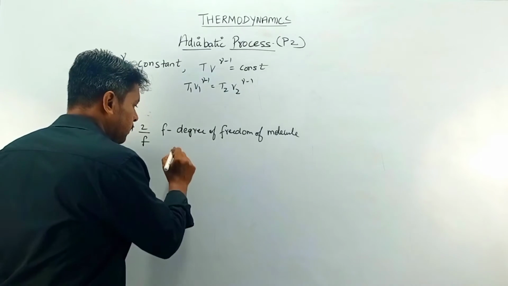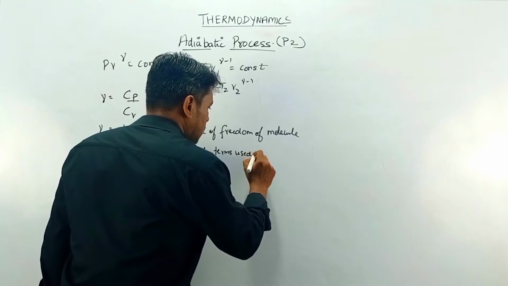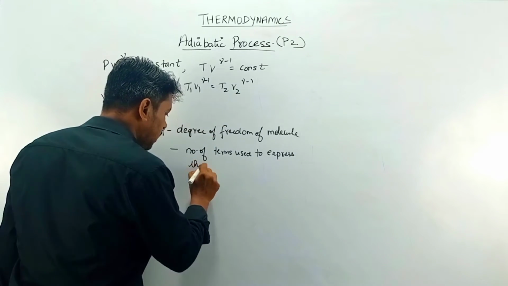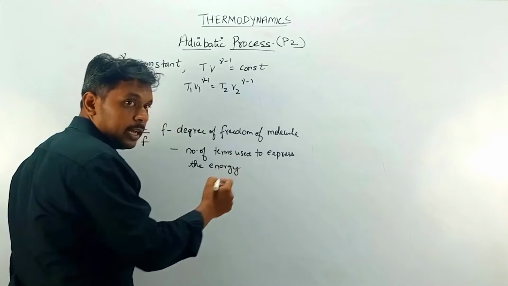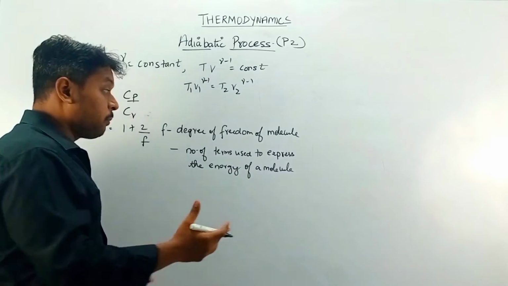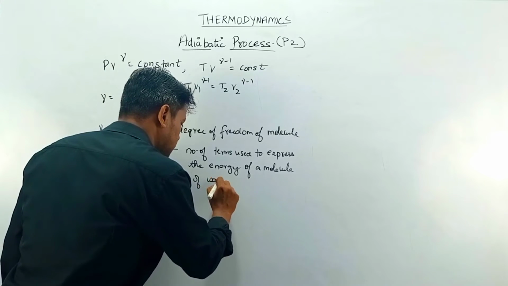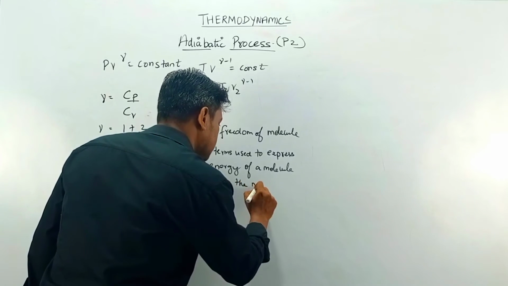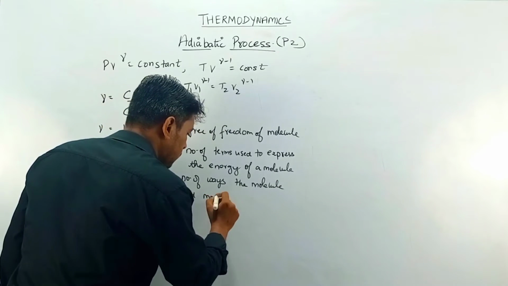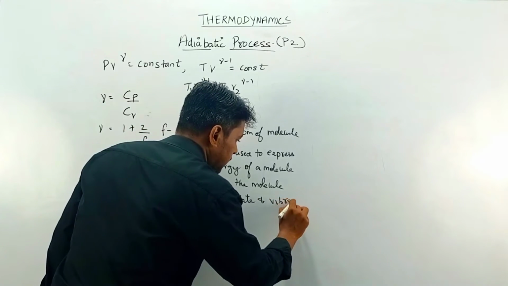So what is this degree of freedom? This is the number of terms used to express the energy of a molecule. Another definition: the number of ways the molecule could move, rotate and vibrate.